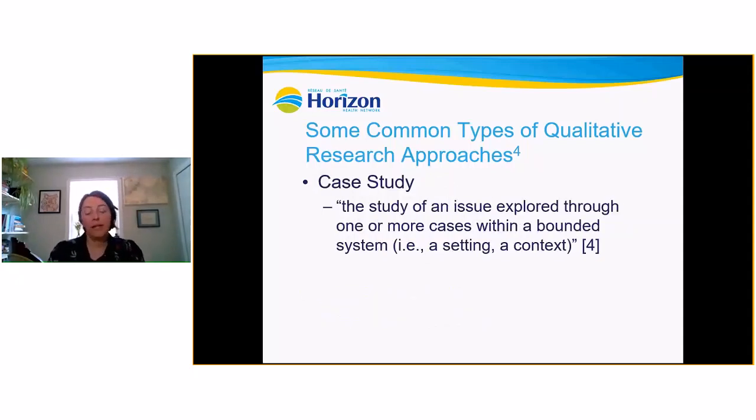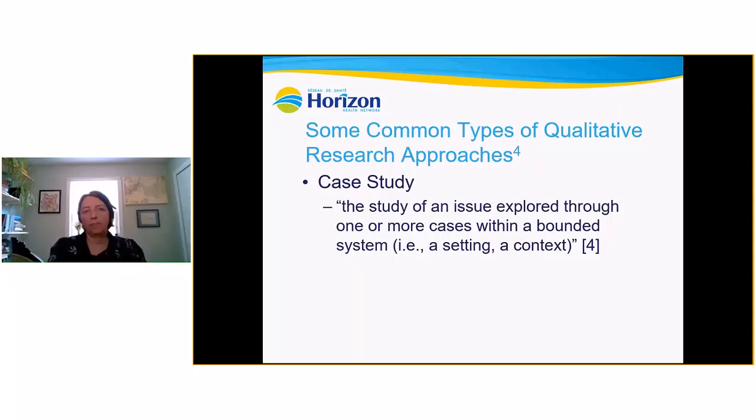And case study, which is really familiar to a lot of people in healthcare, because obviously you could have a patient case study. And so this is a study of an issue explored through one or more cases within a bounded system, which is a setting or a context. So the case is a unit unto itself, and you're exploring everything within that.